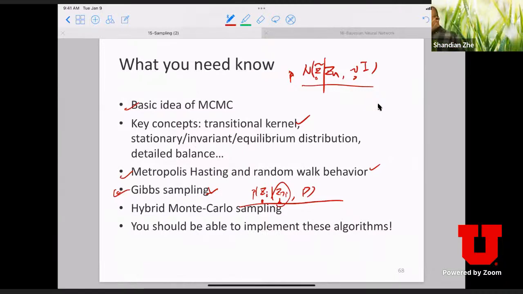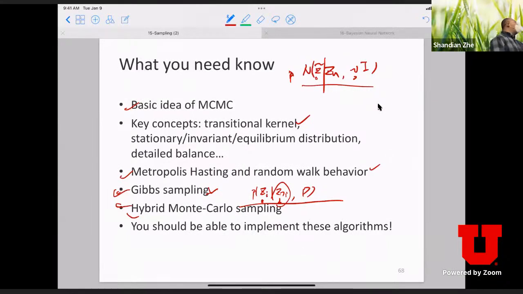So it's a trade-off, right? And then hybrid Monte Carlo sampling can give you a much more flexible trade-off between the two. Ideally, in the Hamiltonian system, the acceptance rate is always 1. You can explore as long as you want. However, in practice you always have to choose some numerical method to solve that system.